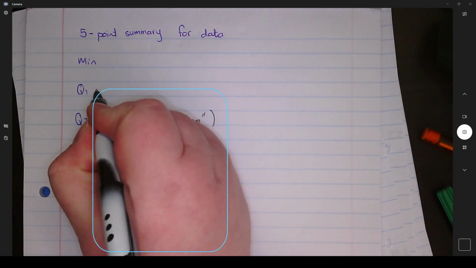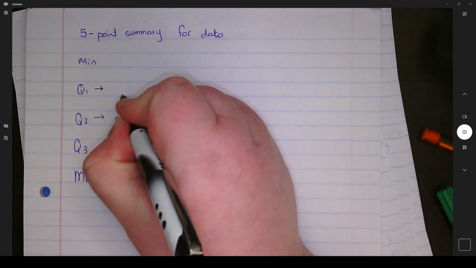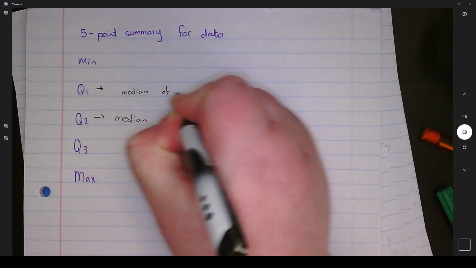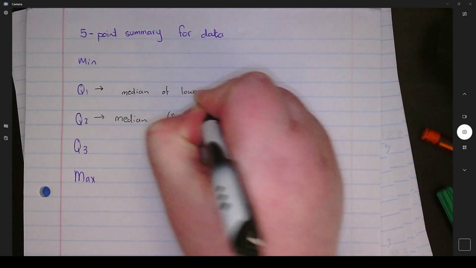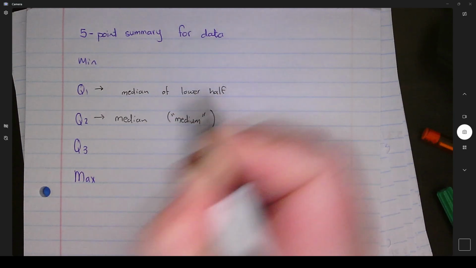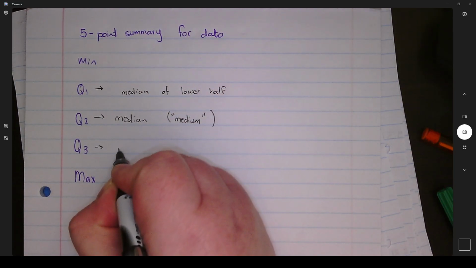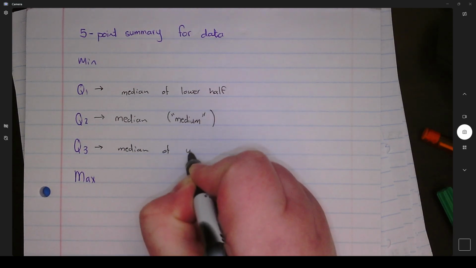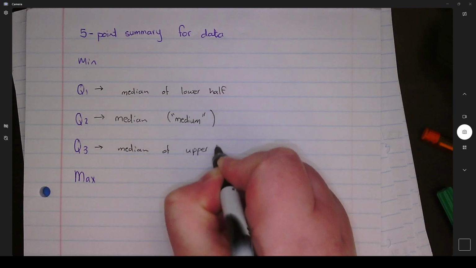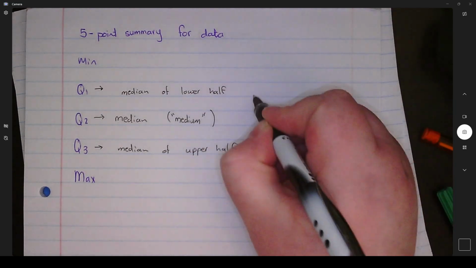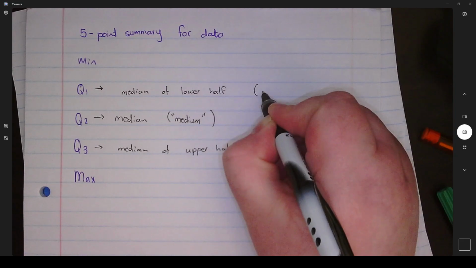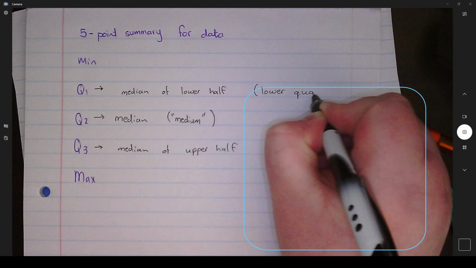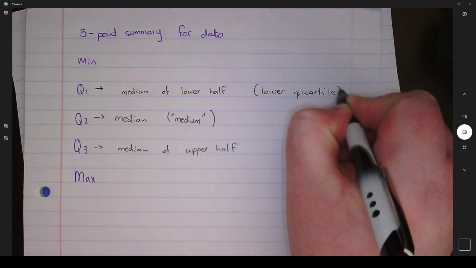Then quartile 1 is the median of the lower half of your data. And quartile 3 is the median of the upper half of your data. These are also called the lower quartile and the upper quartile.